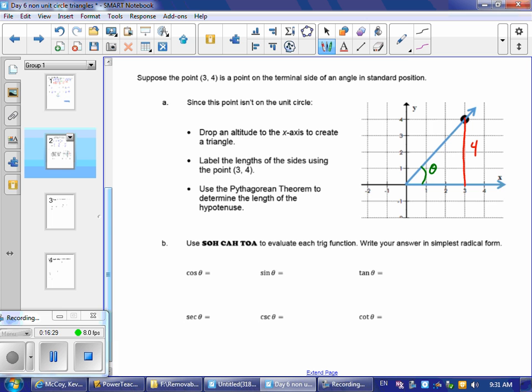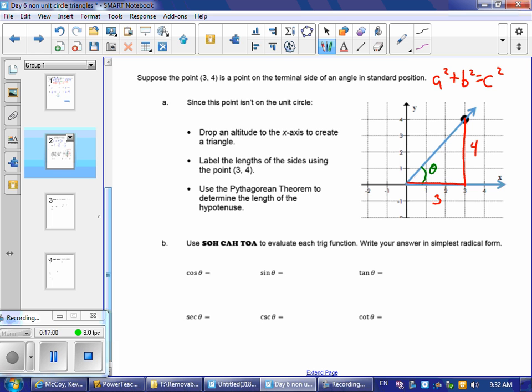The horizontal distance from the origin out to where I just dropped that altitude is a distance of 3, and that's that. Well, anytime you know two sides of a right triangle, you can find the third side by using the Pythagorean theorem. So, the Pythagorean theorem was a squared plus b squared equals c squared, where c is the hypotenuse. Well, the hypotenuse is the length from the origin out to my point.